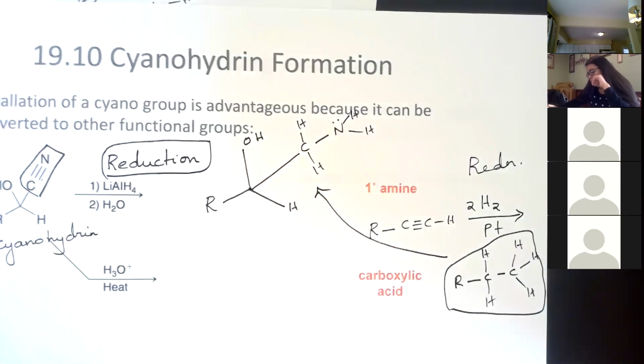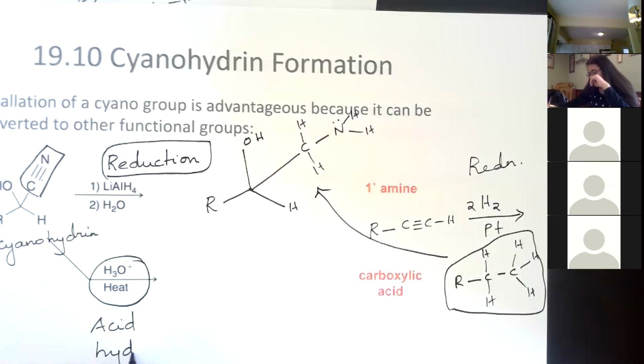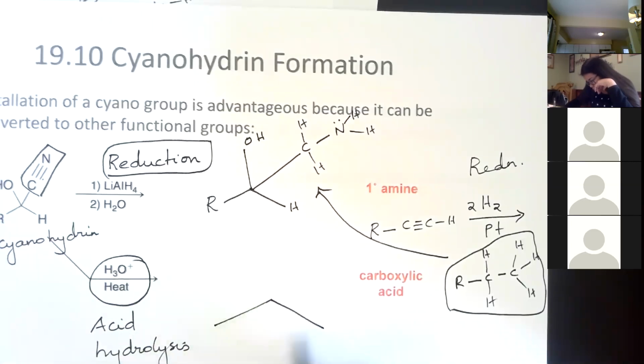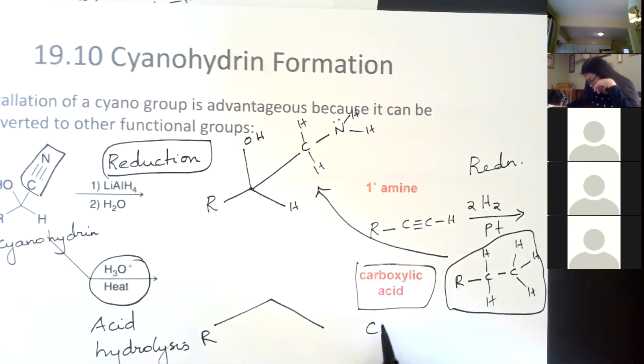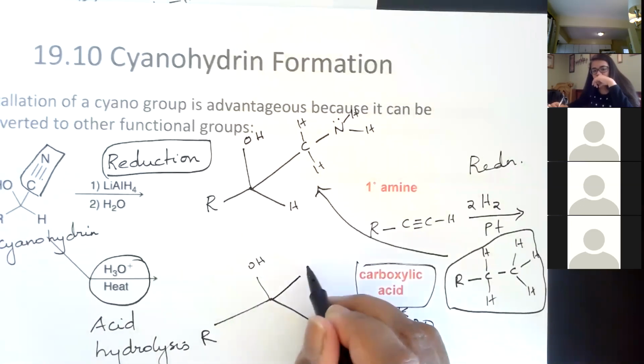Next, this guy, this is very useful too for synthesis. This is called acid hydrolysis again. Something we have to remember, because this is going to make carboxylic acid. So we're going to learn about this in chapter 20. Many of the reactions that you've seen will be repeated.